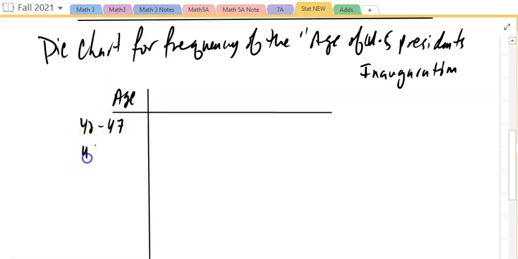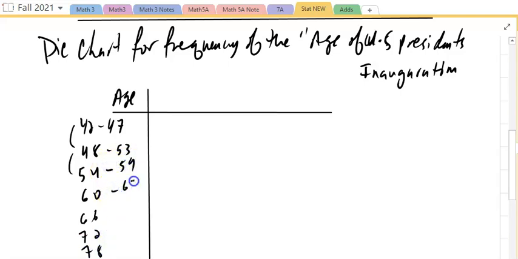I'm copying what we had: 48 to 53, 54 to 59, so you add 6, 60, 66, 72, and 78, and you add 6: 59, 65, 71, 77, and 85.